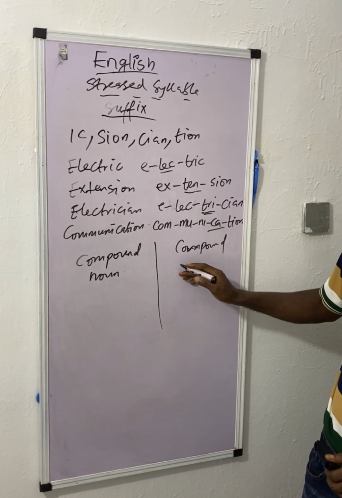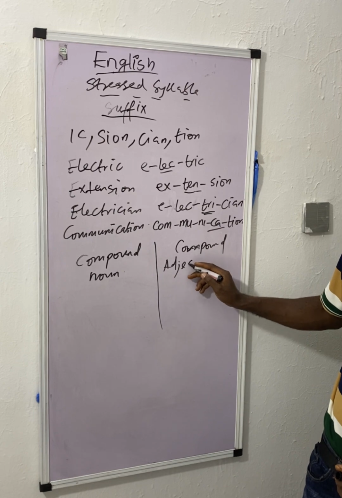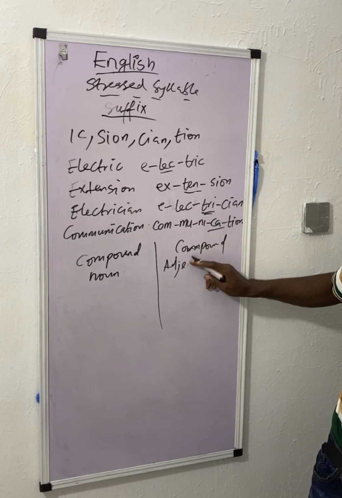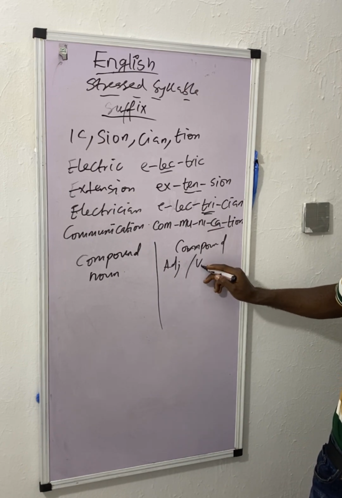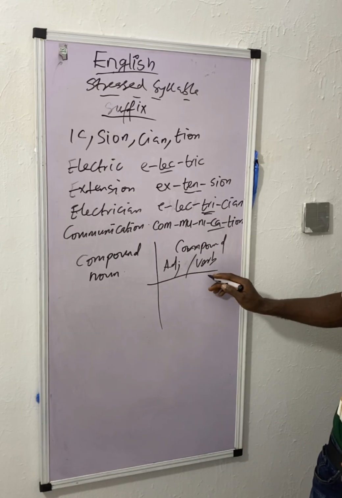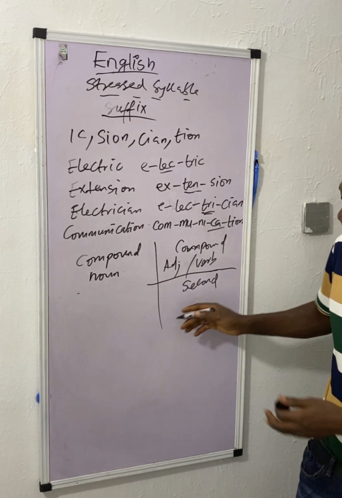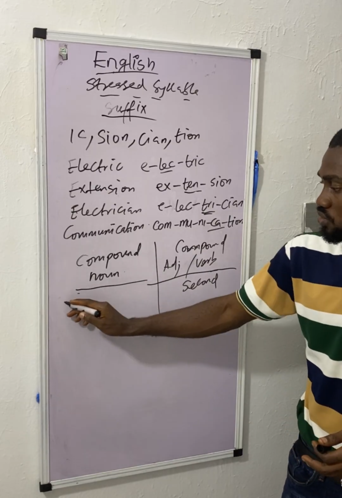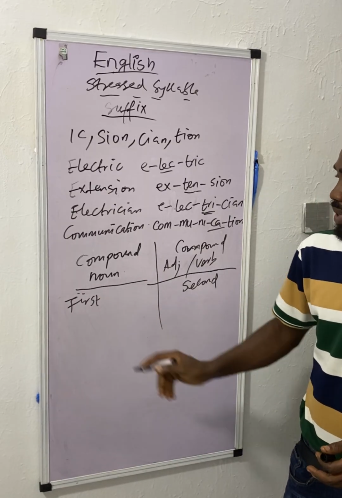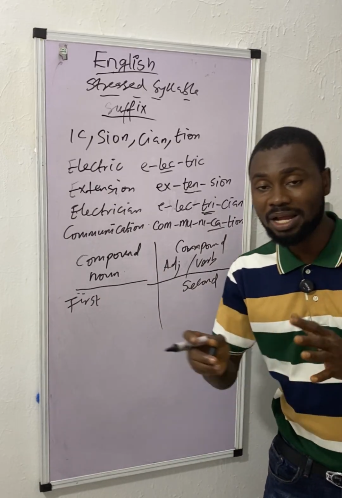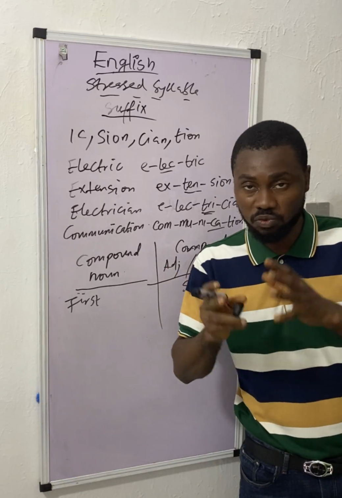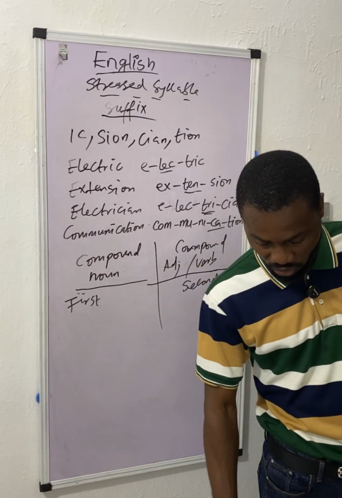Hope you know the meaning of compound noun and compound adjective. This usually stresses the second word, and this usually stresses the first word. Compound words are 2 words added together to form 1 word.